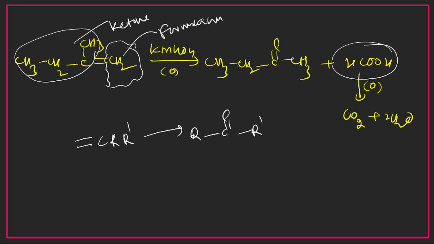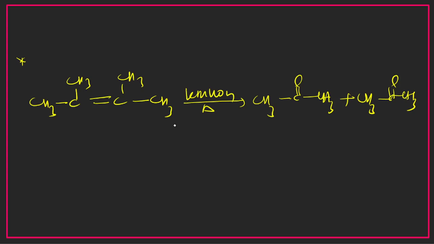See, have a look at the next. Here is the cleavage of the double bond. In hot KMnO4 solution, it gives acetone. Two moles of acetone are given. Cleavage of the double bond gives ketones.